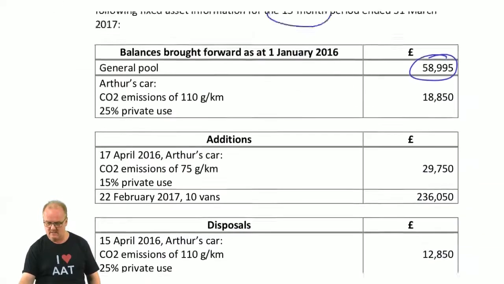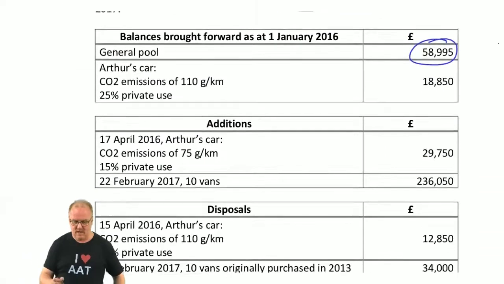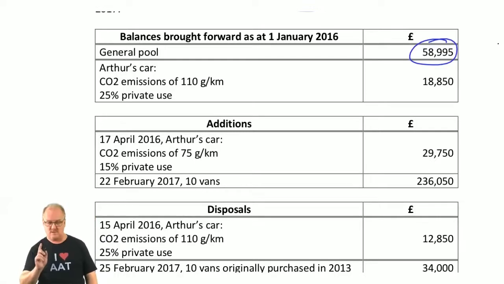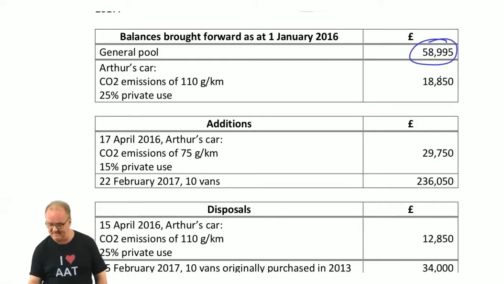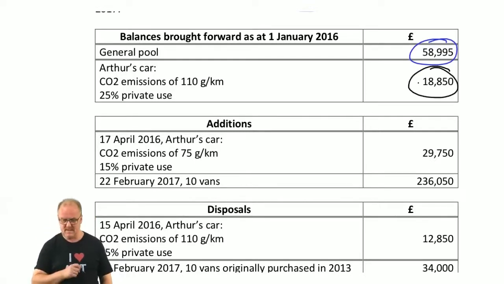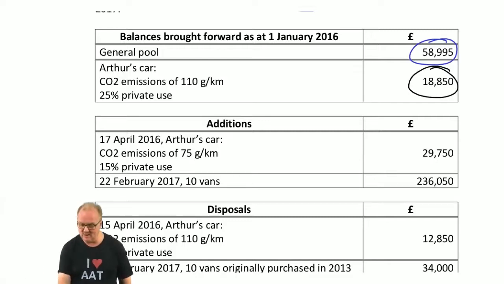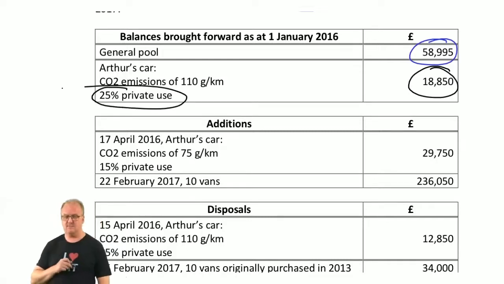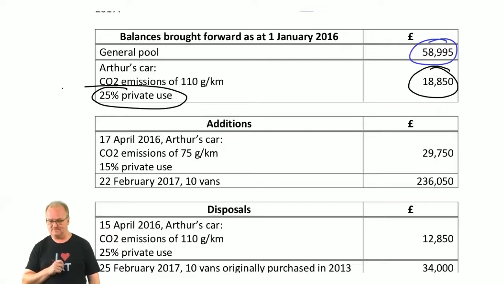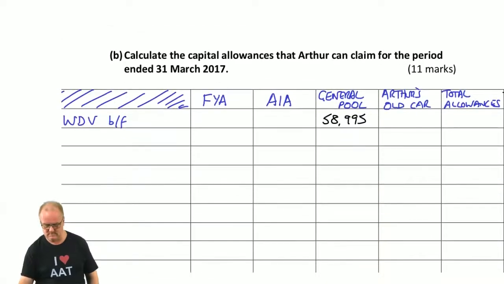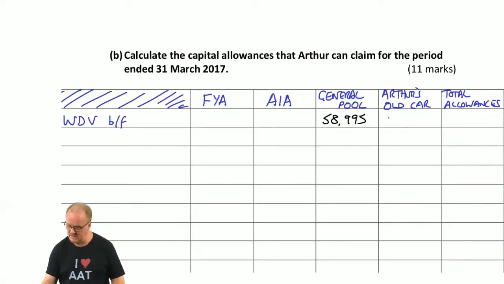And then up we go here, and we are told that Arthur's car brought forward is 18,850, and it is 25% private use. So Arthur's car.